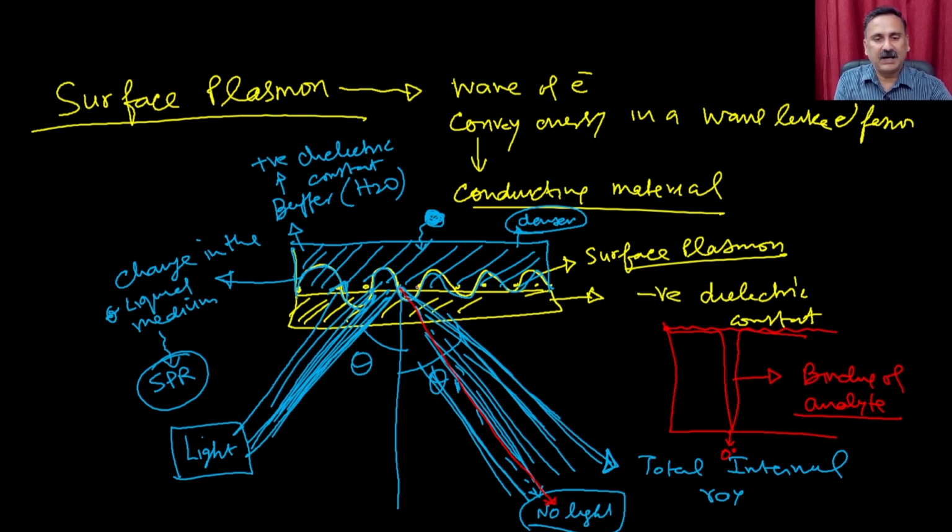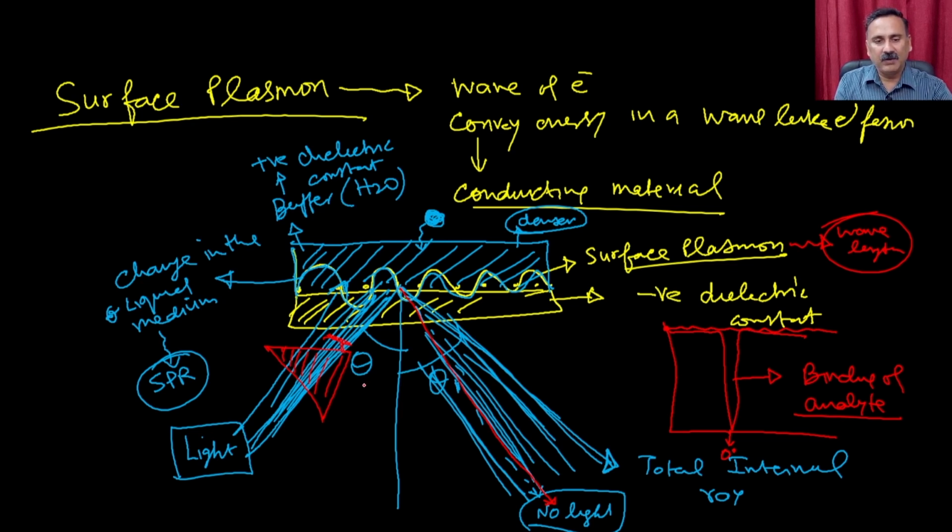So how it happens is that surface plasmons are moving with a particular wavelength, right? And you are illuminating this with a particular wavelength. So you are putting a prism here, and with the help of the prism, you are selecting a particular lambda of light through which you are illuminating this particular complex.